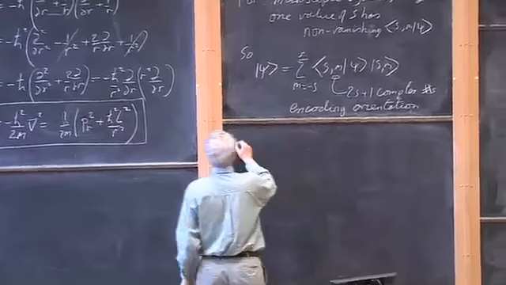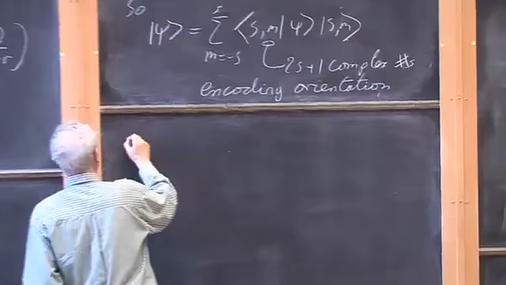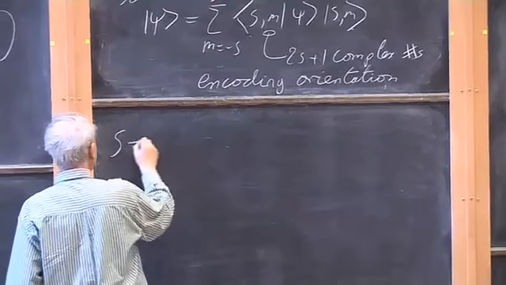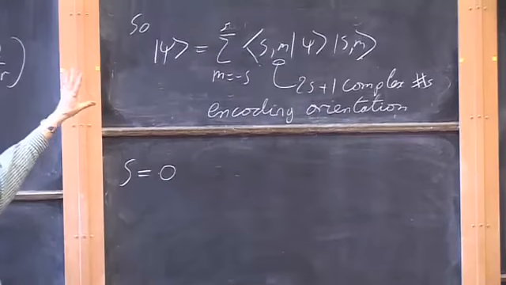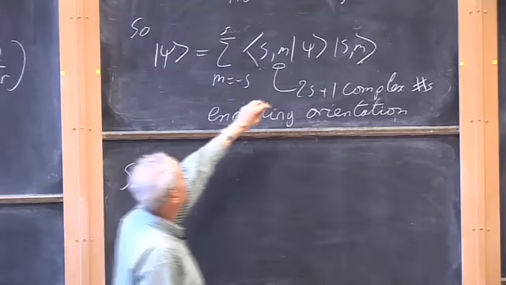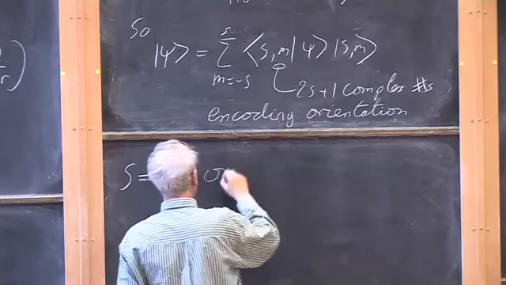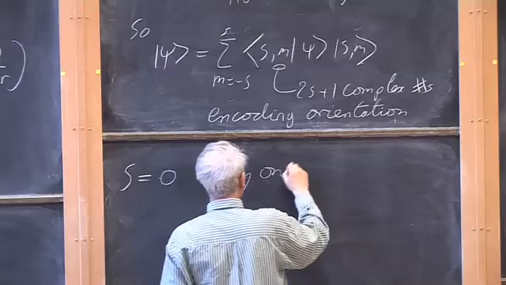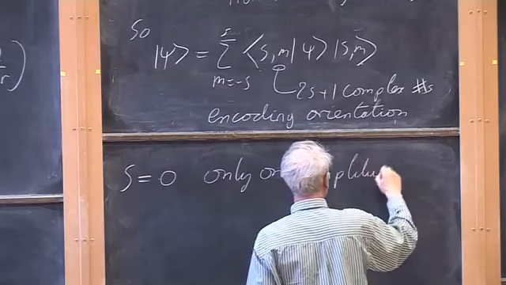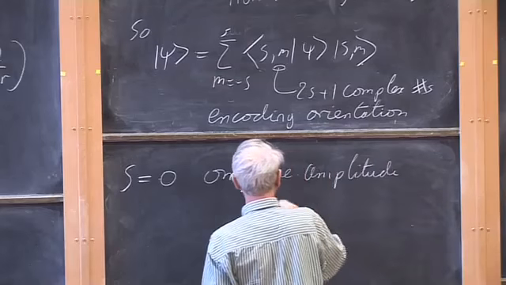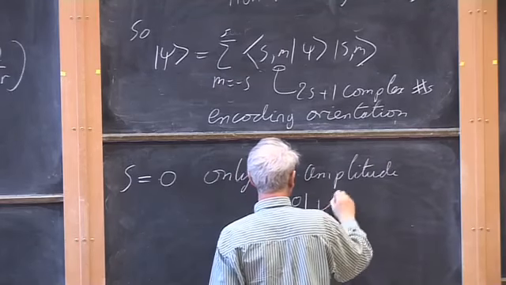Okay, so let's consider the various cases. The case S equals 0. In other words, if the only occurring state here is 0, there's basically no information. There's only one amplitude, the 0 state of your system.